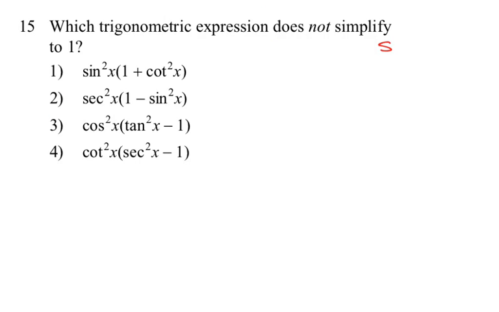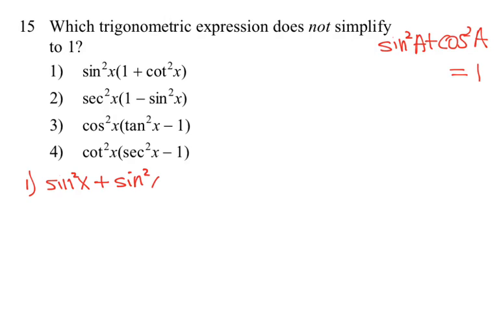Number 15. In this case, something that simplifies to 1 many times, coming from one identity, sine squared plus cosine squared is equal to 1. Now then, for the first one, as you distribute sine squared to both of them, we get sine squared x, and then sine squared x times cotangent.